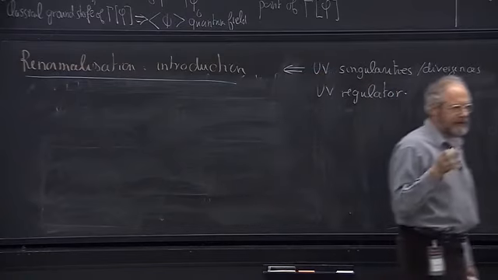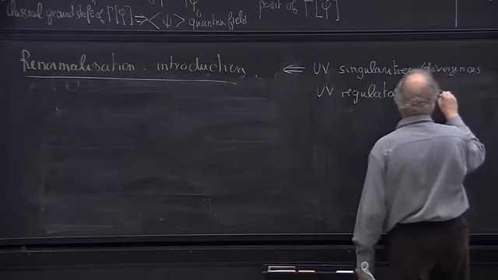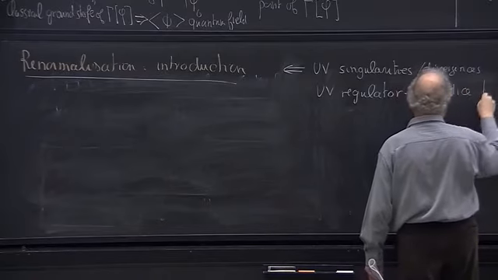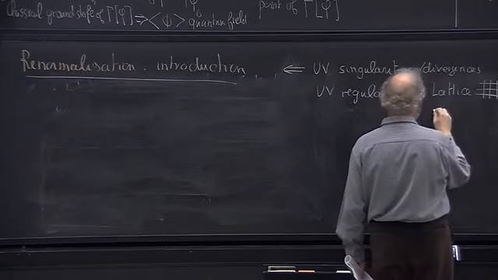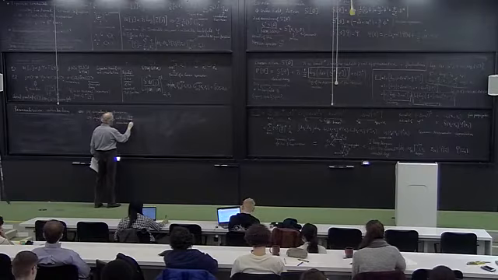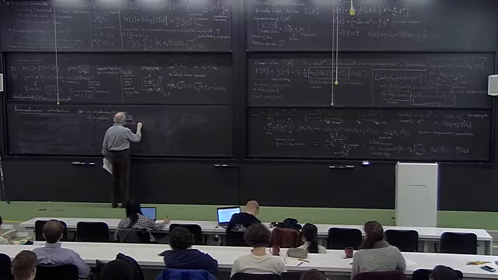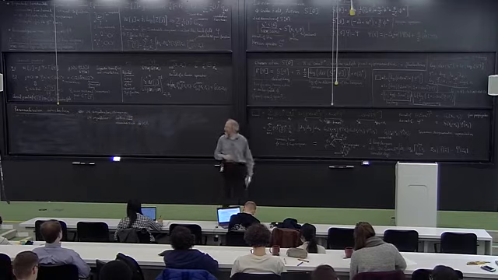So we modify the theory at short distance in order for it to be well defined. For instance, one solution is to put it on a lattice. Another solution is to introduce some momentum scale so that all the momenta are supposed to be less than some maximal momenta lambda, some big energy scale.